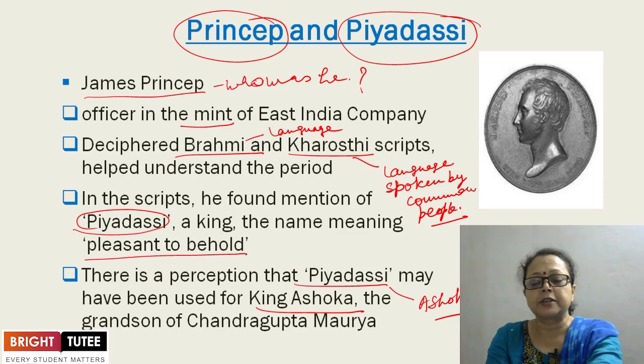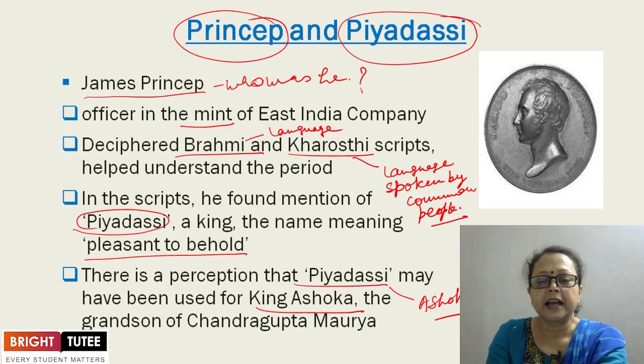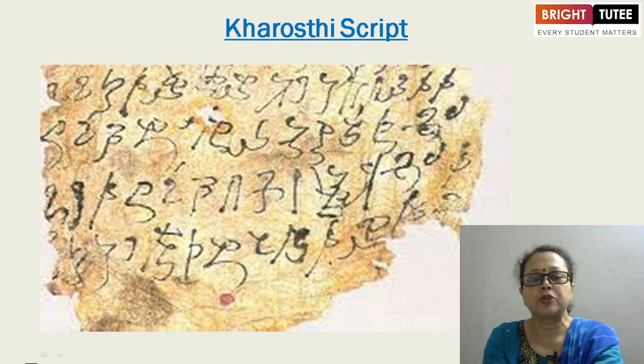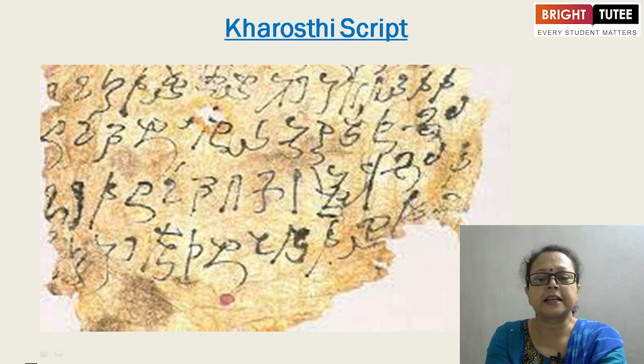King Ashoka was one of the greatest rulers of our country, and he was the grandson of Chandragupta Maurya. These are some of the facts about the Kharosthi script that James Prinsep found and tried to decipher.